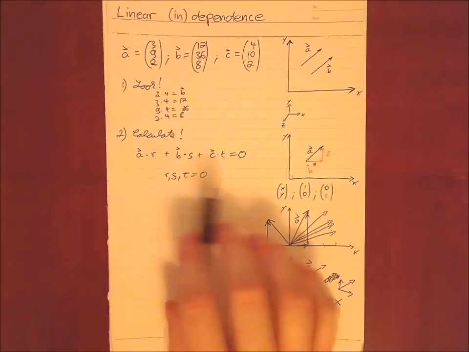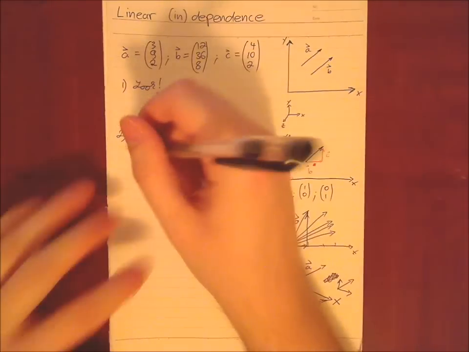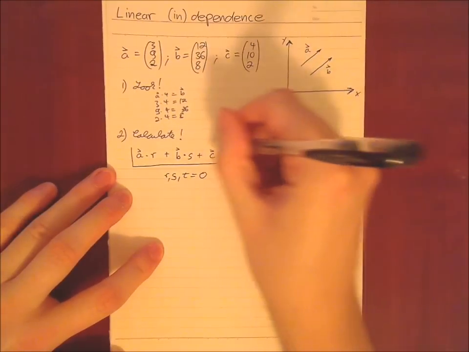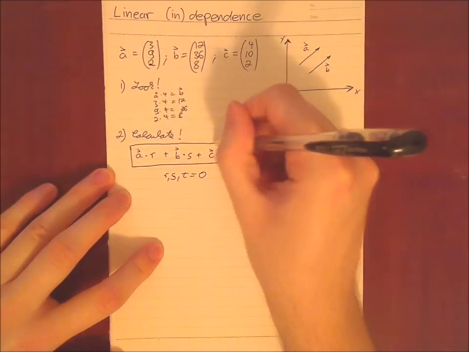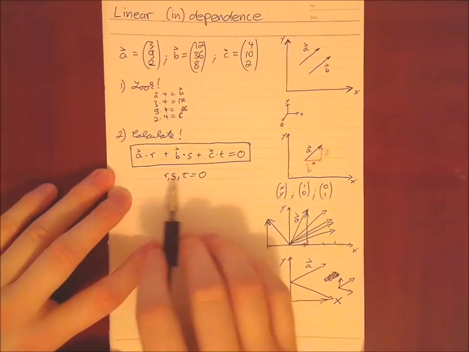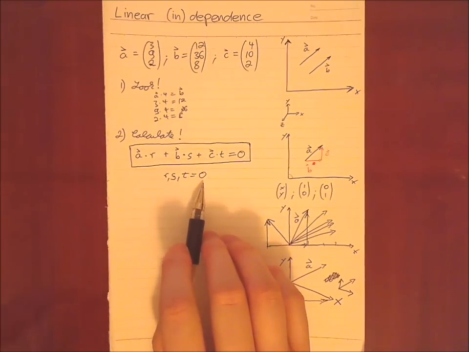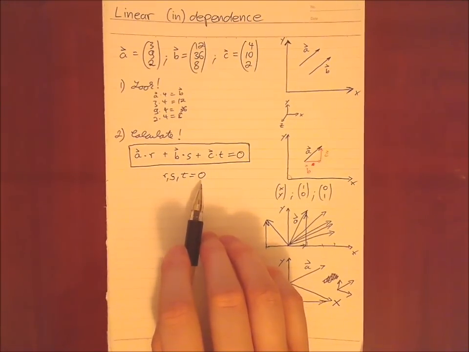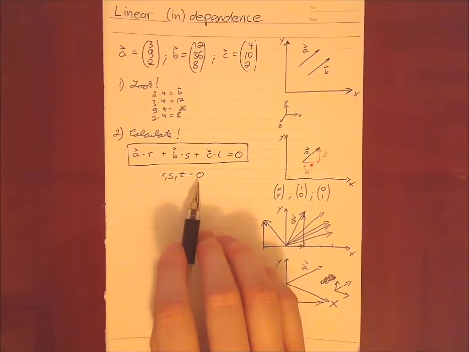And that's the principle you can apply to solve it. You just have to put in your vectors, calculate it, and if you get this solution, you can say the vectors are linear independent. And if you get a different solution, then the vectors are linear dependent.